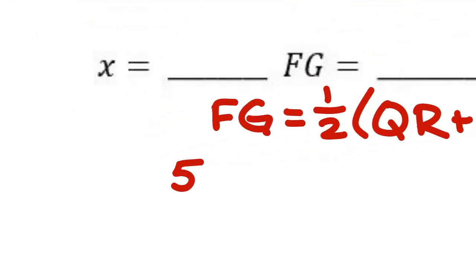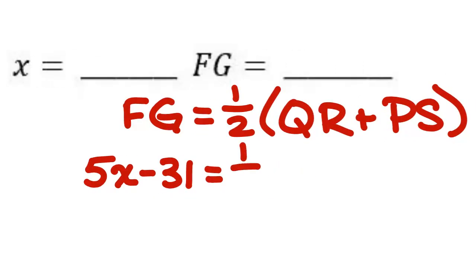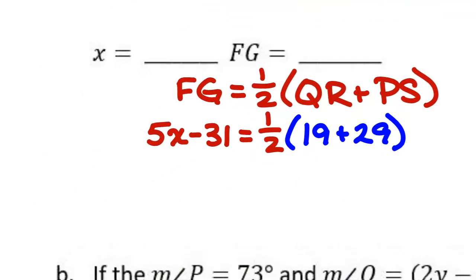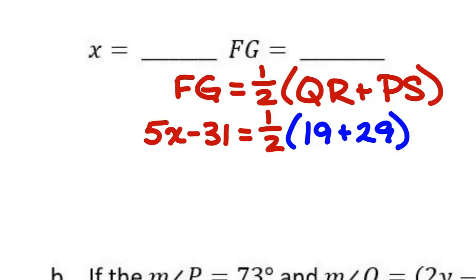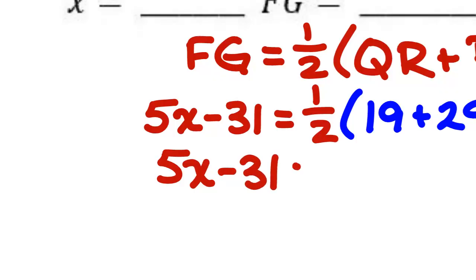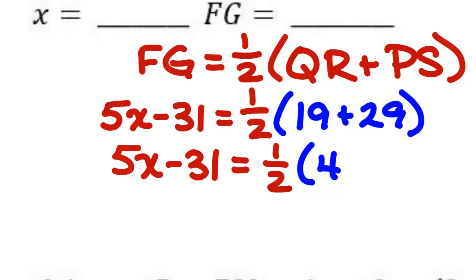So I would have 5x minus 31 equals 1/2 of 19 plus 29. What is 19 plus 29? 48. So I have 5x minus 31 equals half of 48.